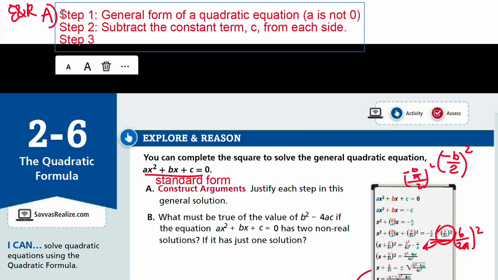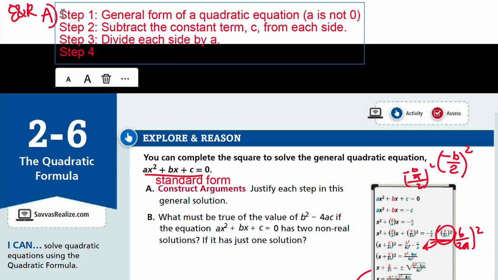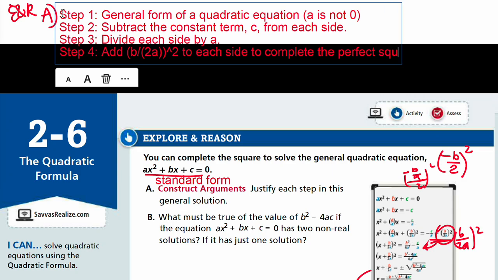Step 3, we divided each side by a. And then step 4, what did we do? We added (b over 2a) squared to each side to complete the perfect square trinomial.